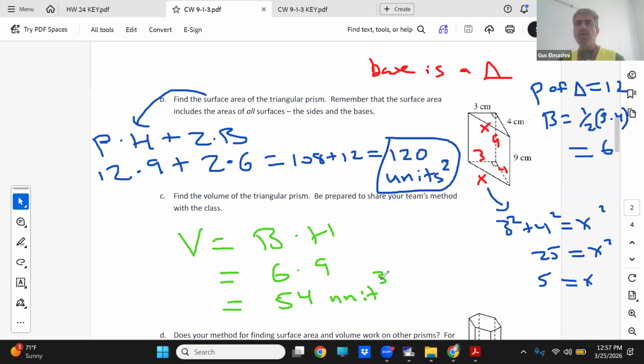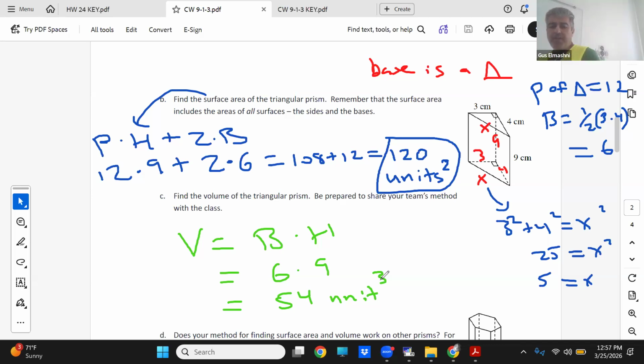Do you have 12 or 6 for the base? Right, divide by two. You probably forgot to divide by 2 for the base area. So it's half of 3 times 4. It should be 6. 6 times 9 is 54.